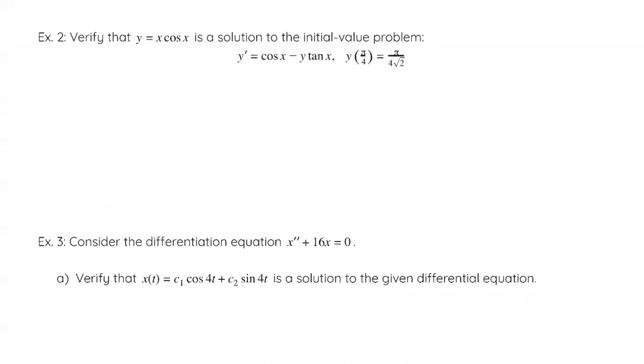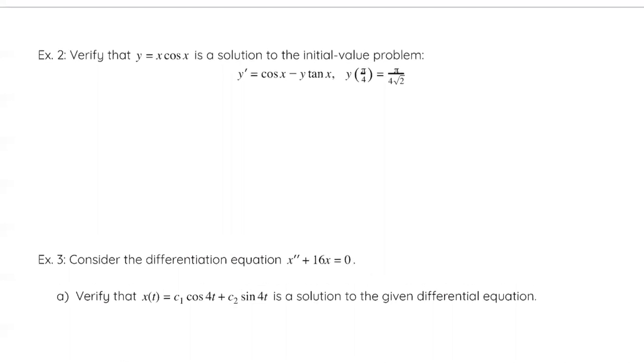All right, so let's take a look at some of these other ones, okay? Verify that y equals x cosine x is a solution to the initial value problem here. We are going to use some trig as well, which is why I'm trying to throw that in there earlier rather than later.